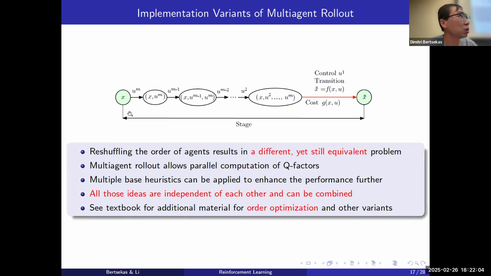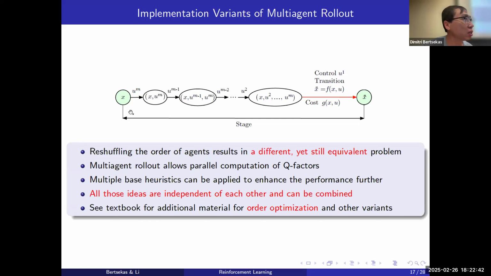You should stick to the same order to start and test out whether or not rollout gets something good. To clarify, given that you are at the current state xk, you run multi-agent rollout after using a particular order of agents, and you find a control, and given the xk and uk tilde, you move on to the next state, xk plus 1.